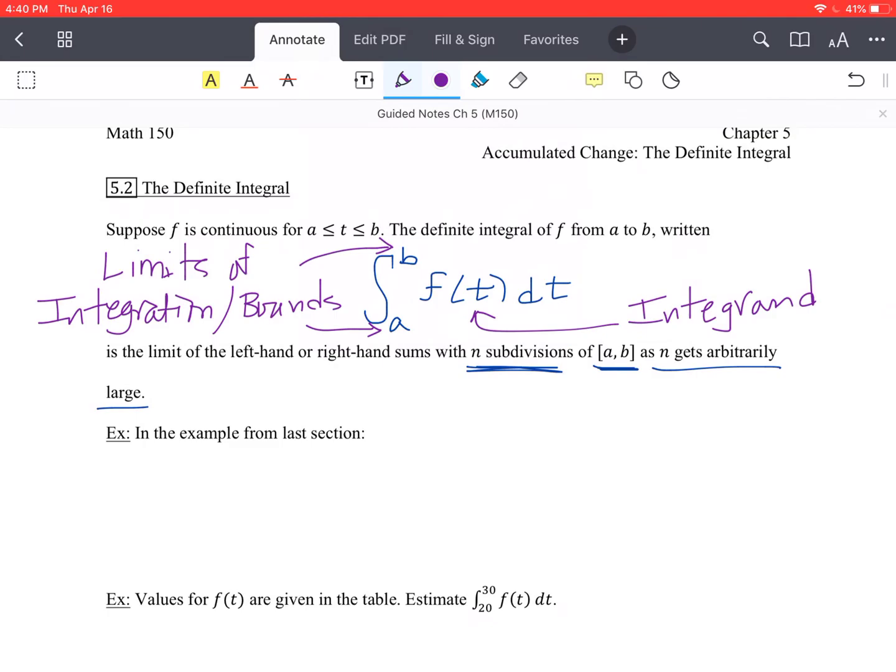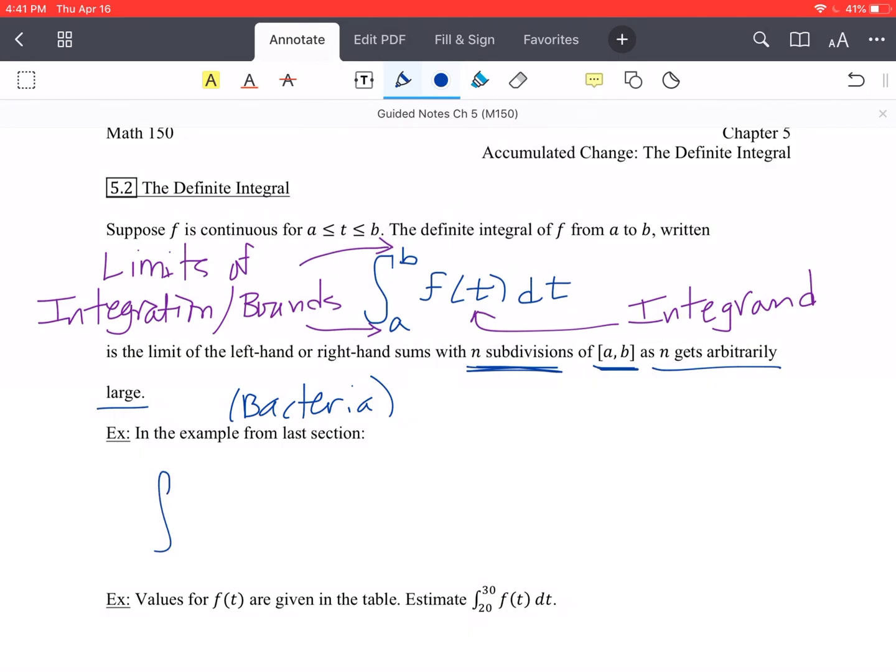So in the example from the last section, the bacteria example, where we saw a bunch of different approximations, what we found was the more rectangles we used, the larger our value got, because it was getting closer and closer to the actual area under the curve.